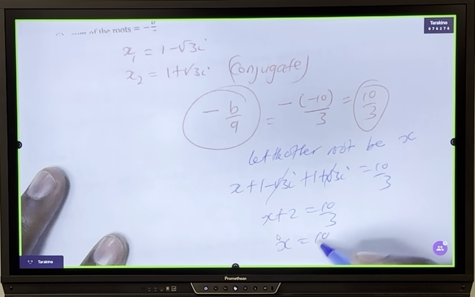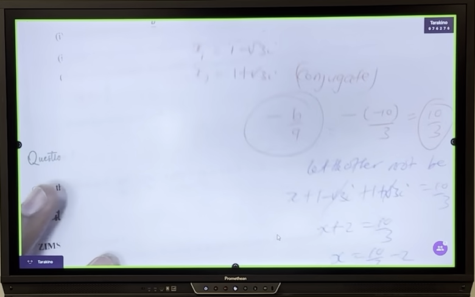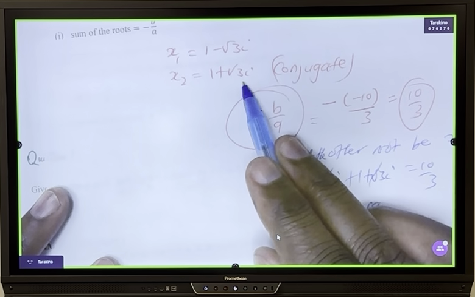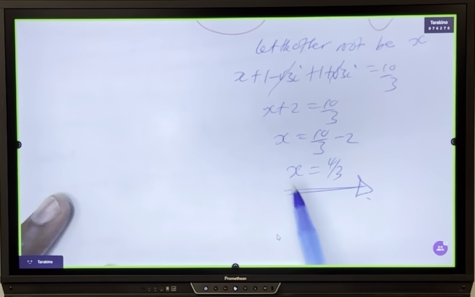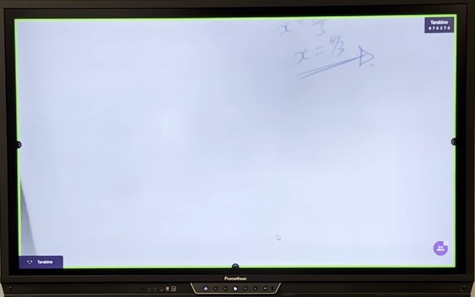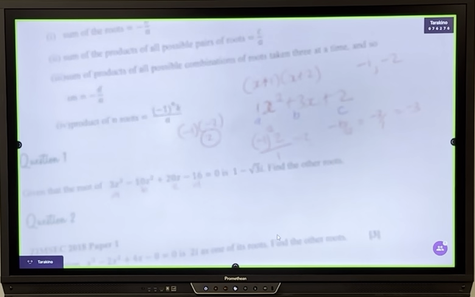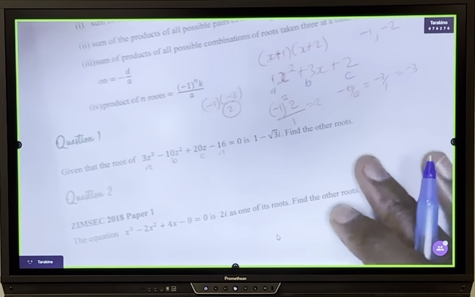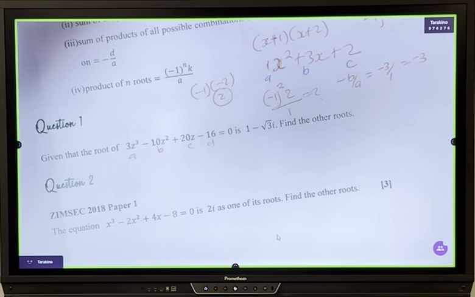So x is 10 over 3 minus 2, which is 4 over 3. That's the other root. So now the roots are 1 minus root 3i, its conjugate 1 plus root 3i, and 4 over 3, which is the third real root.